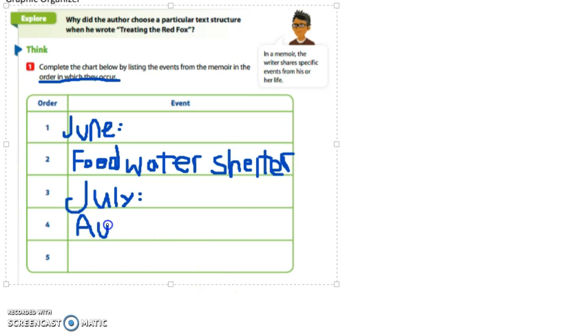So in August, the red fox brought back a silver fox to the writer's home for treatment because the silver fox was injured. Again, in August, the red fox brought an injured silver fox to the writer's home for treatment.